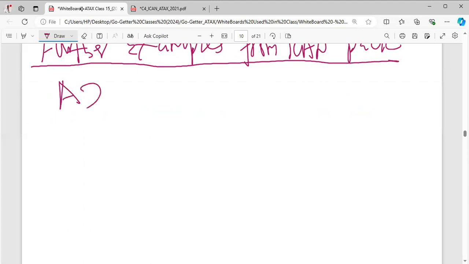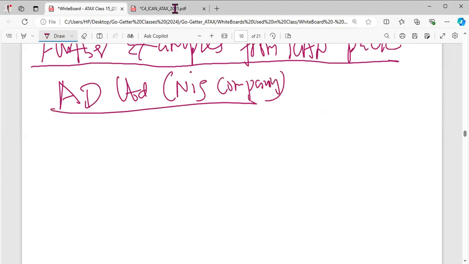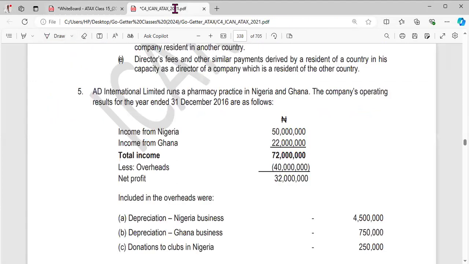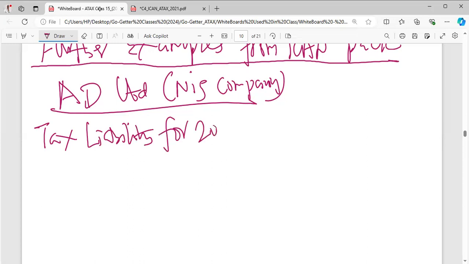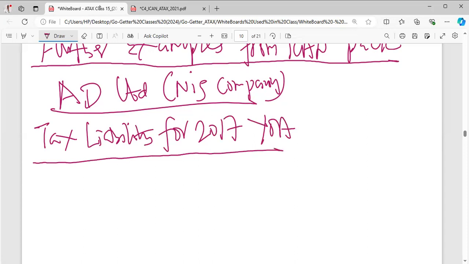AD Limited, Nigeria company. Then this is 2016, so we are going to be looking for the 2017 year of assessment. Tax liability for 2017 year of assessment.